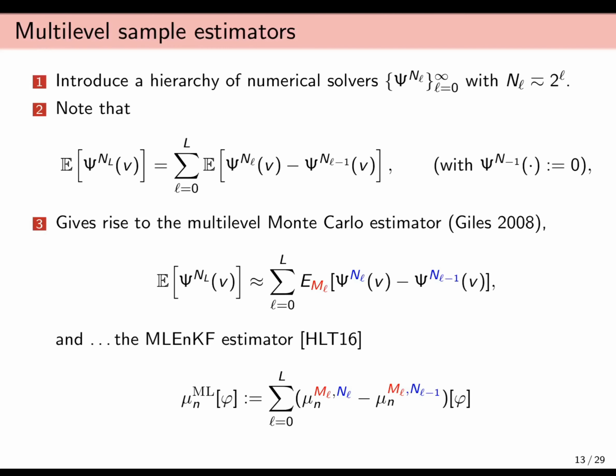And then I can also approximate each of these expectations by a sample average using some number of samples, M_L. So on level L, I will use M_L many samples, and each of these samples is pairwise coupled, so they share the same driving noise, but at different resolution levels.